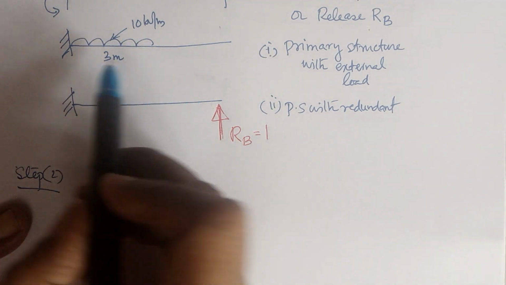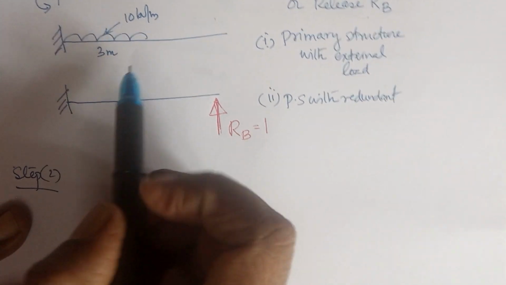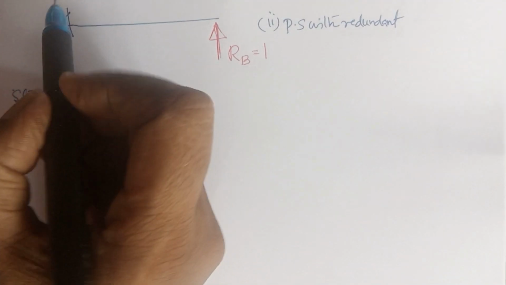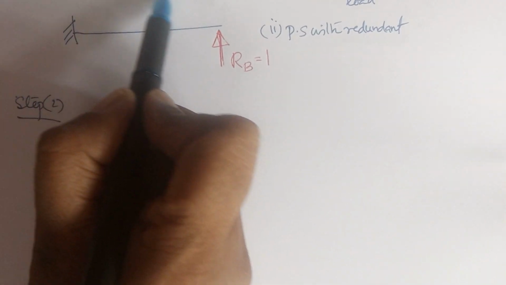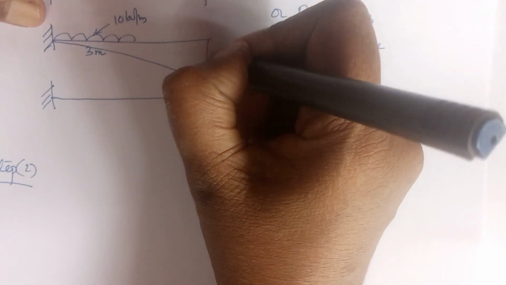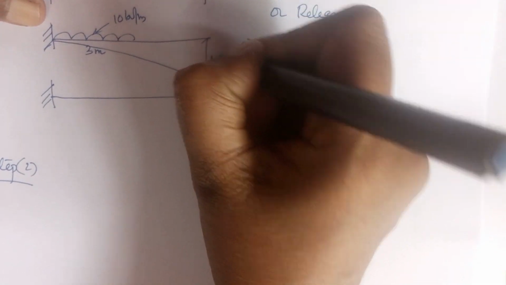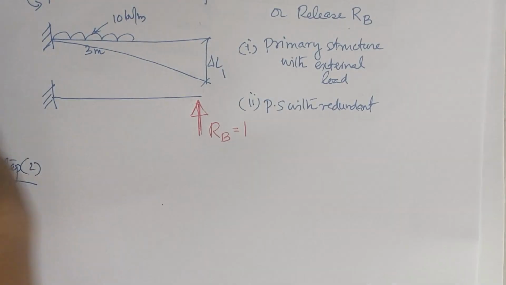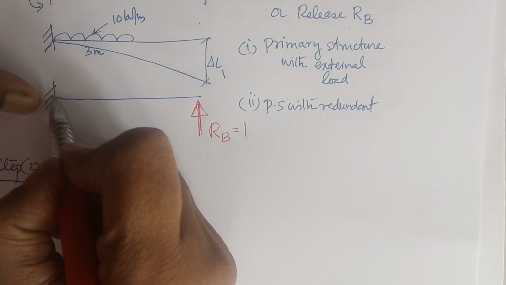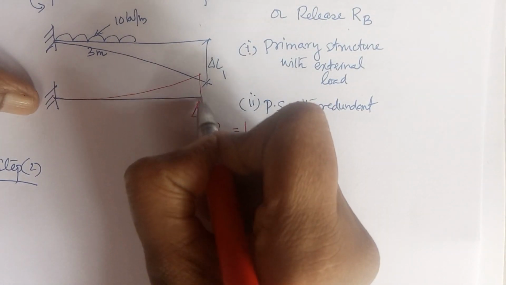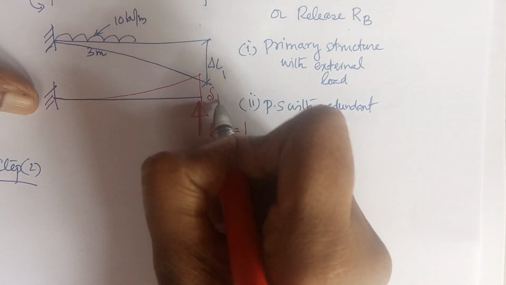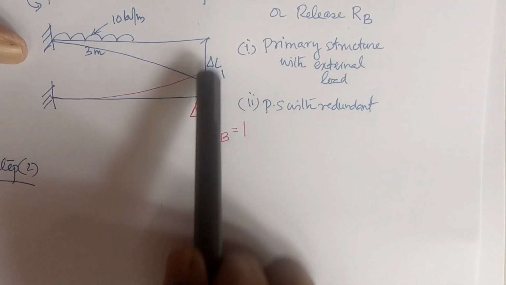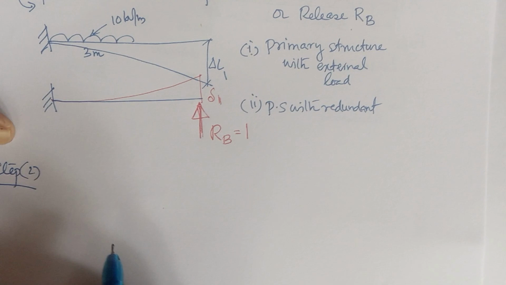Next, what we have to do is we have to find out the deformation. That is, this primary structure will deflect. The displacement at the point of the redundant, that is called delta L1. Due to this redundant, it will deflect. This is called delta 11, displacement due to redundant. We have to find out this delta L1 and delta 11.